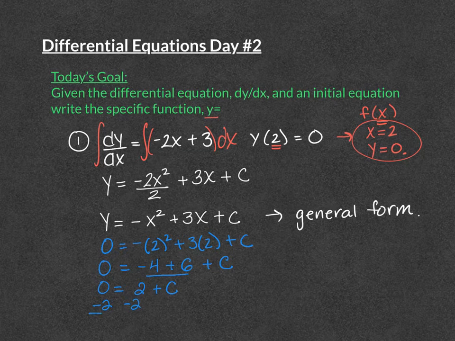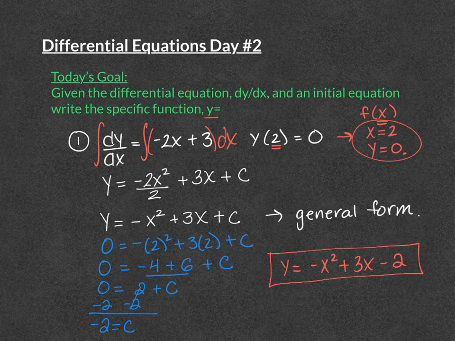Subtract 2 on both sides, and c is equal to negative 2. So our final answer, our specific function, is y equals negative x squared plus 3x plus c, which is negative 2. So y equals negative x squared plus 3x minus 2.